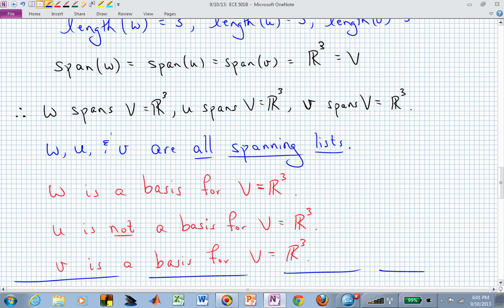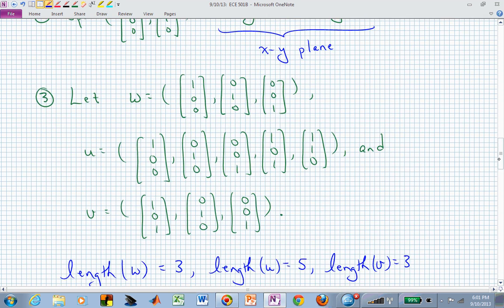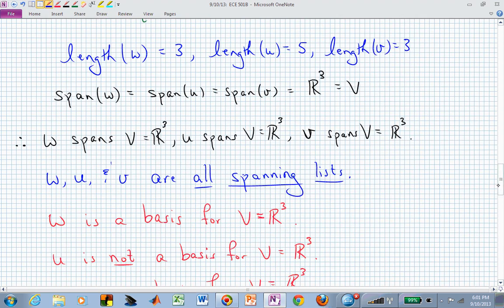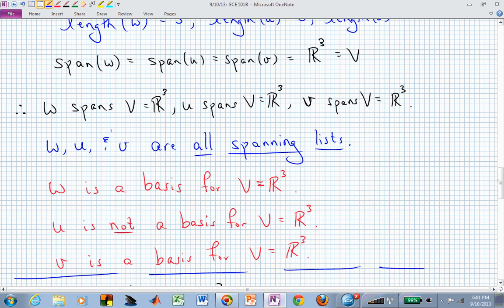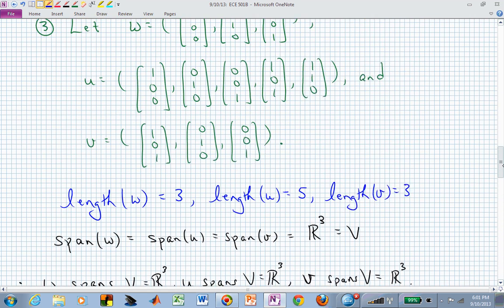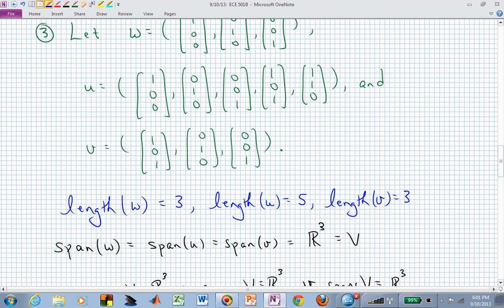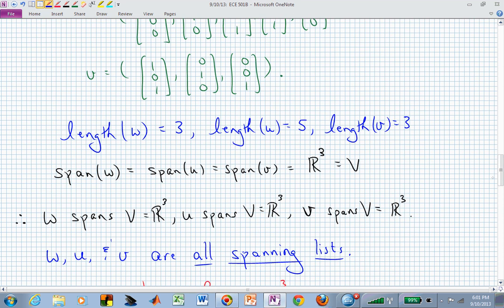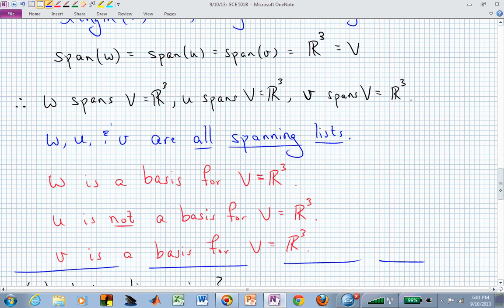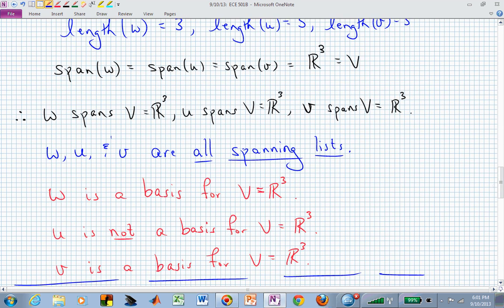U has some linear dependency among the objects in its list, and for that reason, because they are not linearly independent, U does not form a basis of R3 or V. And V, lowercase v, I maybe am overusing my terms, so I need to be a little bit more specific. The list lowercase v does indeed form a basis because those vector objects in the list are linearly independent. They span all of capital V, or R3, and so v is also a basis for V.